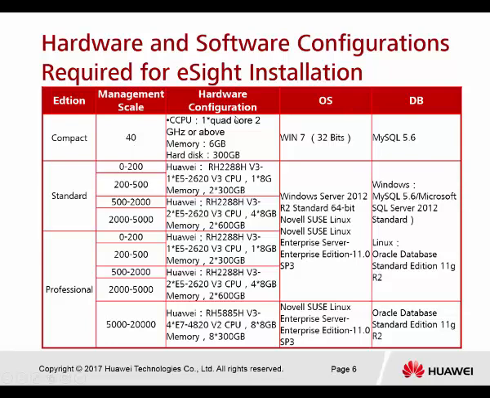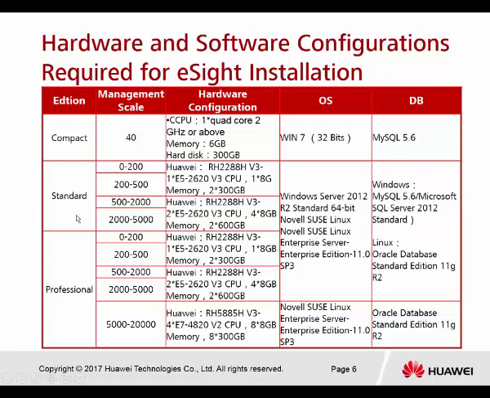So the hardware configuration required is 1 quad-core 2 GHz or above, minimum memory of 6 GB, and hard disk 300 GB. You can install it on the OS Windows 7, and the database uses MySQL 5.6.